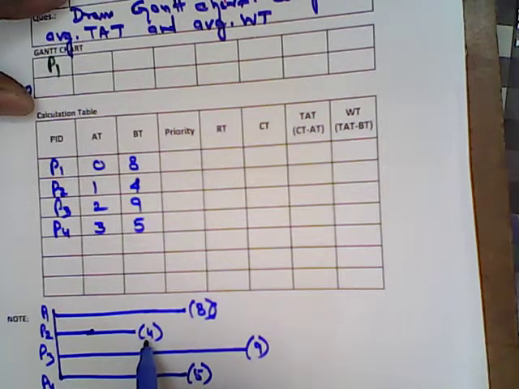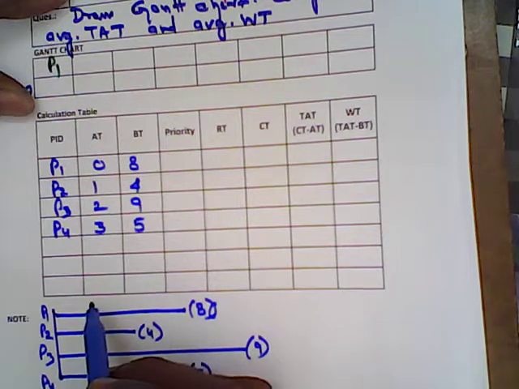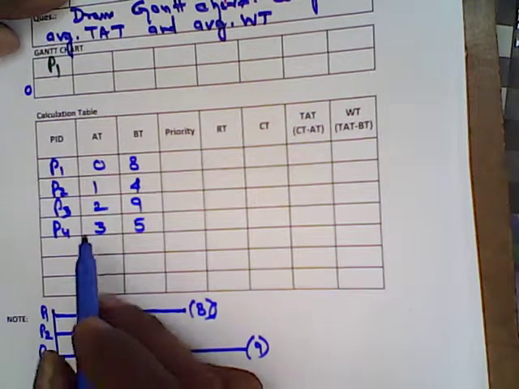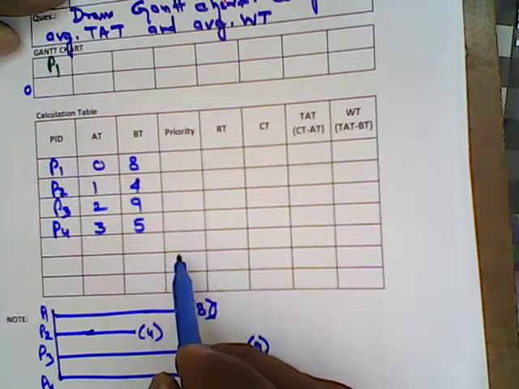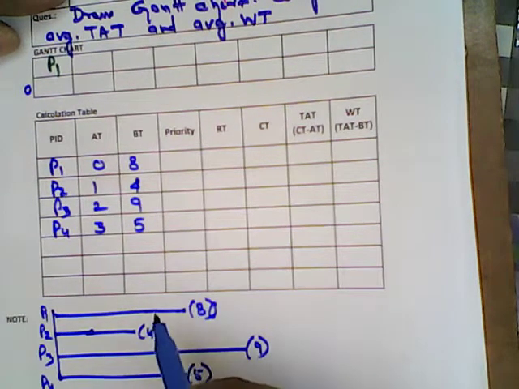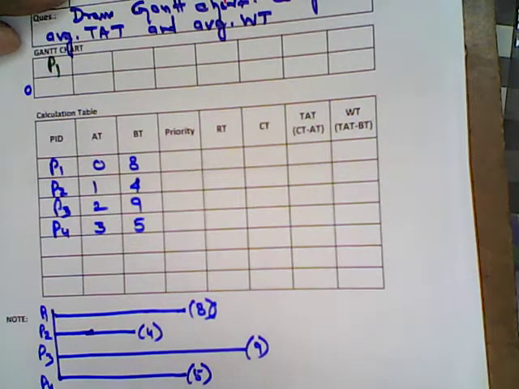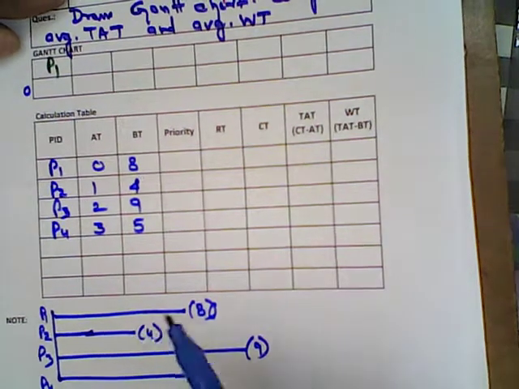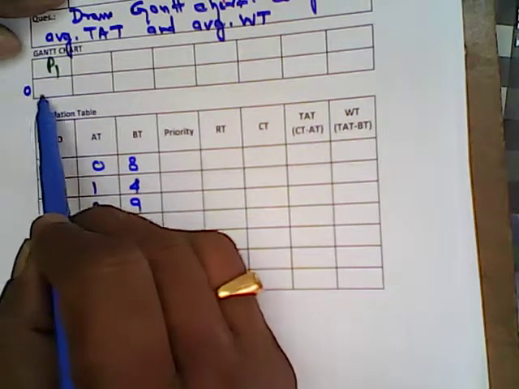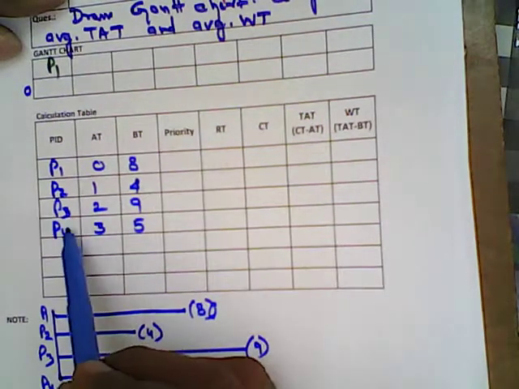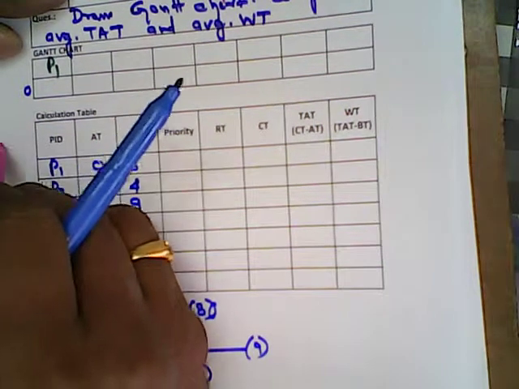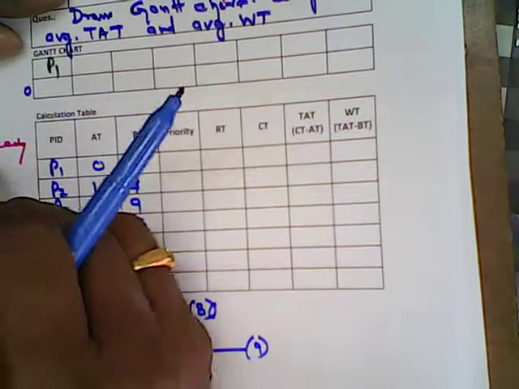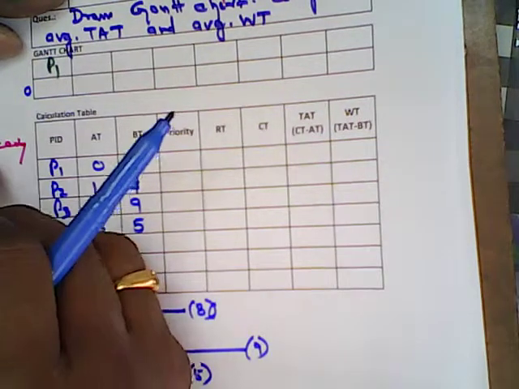Rather we should see that the arrival time is important to put the initial Gantt chart until the ready queue condition is satisfied. I repeat again, we have to put the Gantt chart in such a way that until the ready queue condition is reached, we have to go with the selection of the burst times such that the whole process comes in the queue.